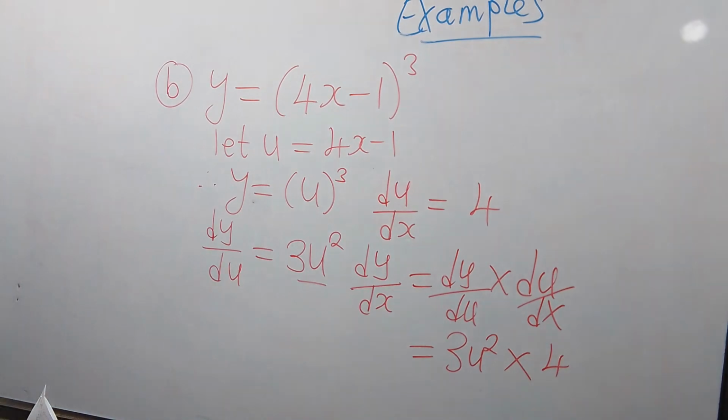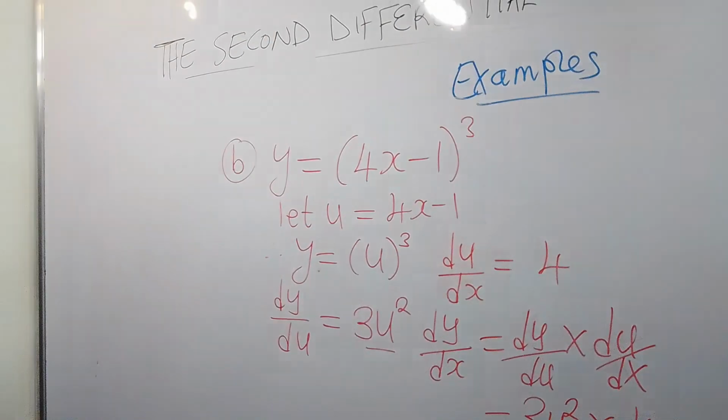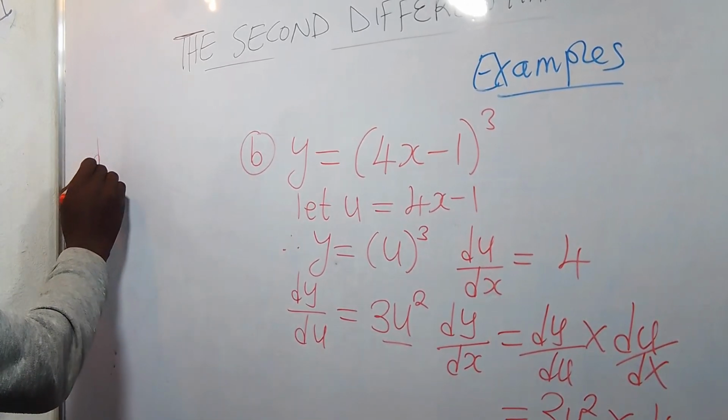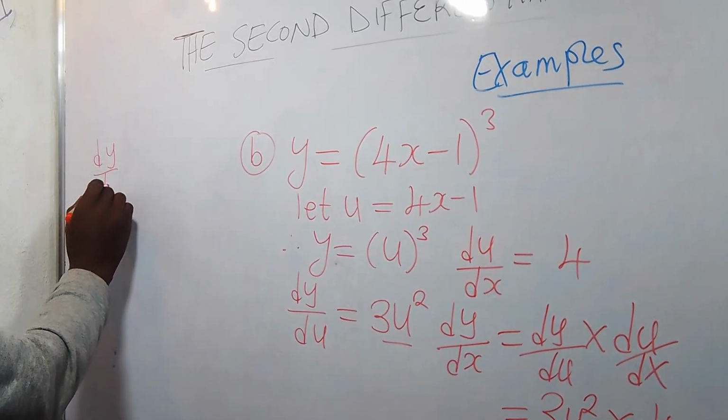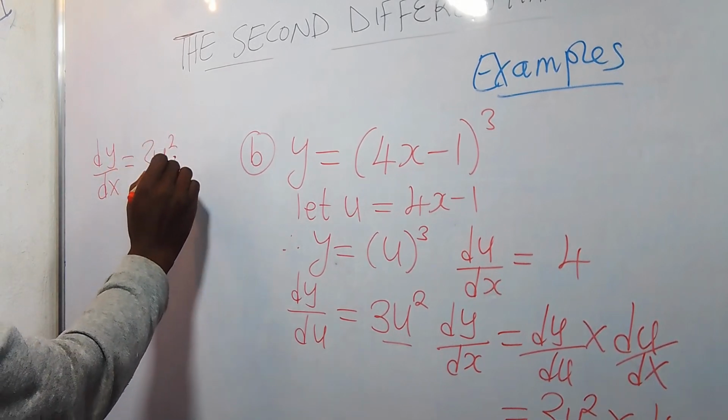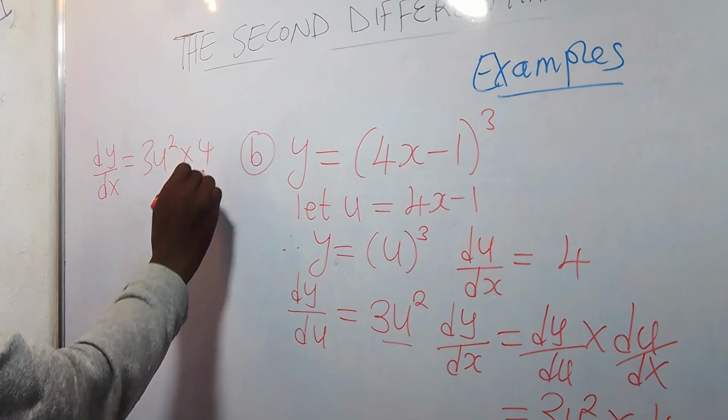So dy over dx equals 3u squared multiplied by 4.